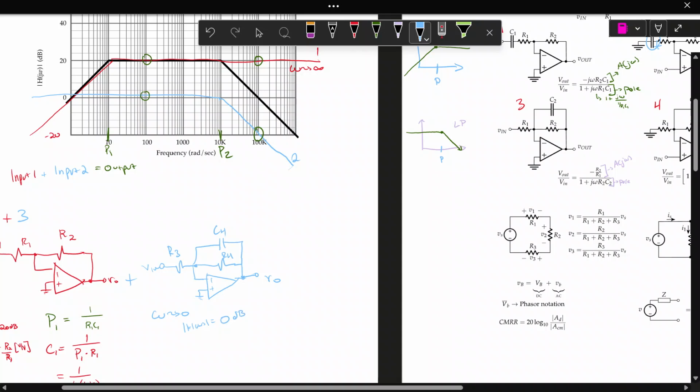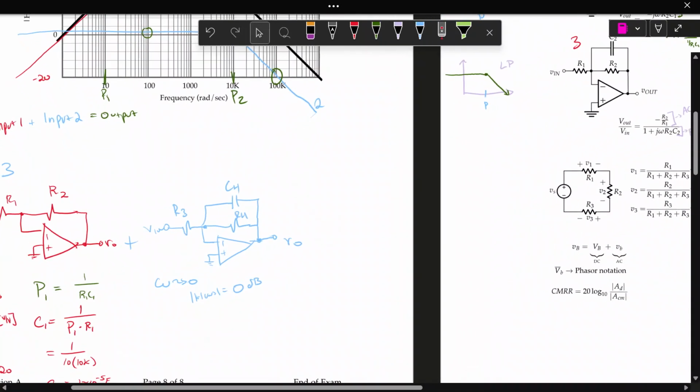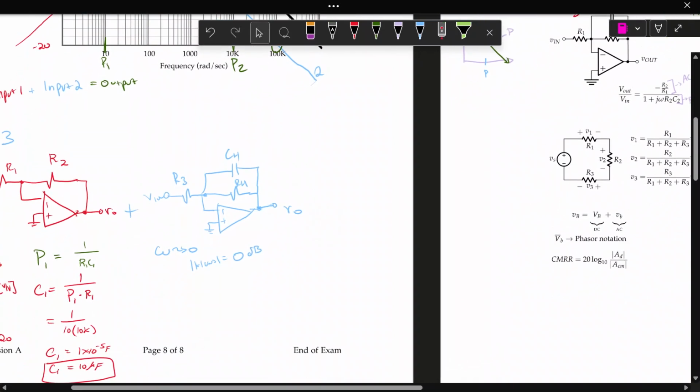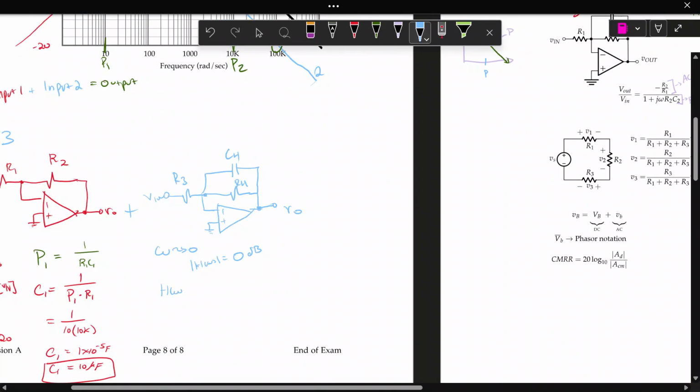Now, analyzing our circuit, C4 becomes an open circuit. That means we're left with, again, a very simple inverting amplifier. So then what we know is h of omega for this graph is negative R4 over R3.